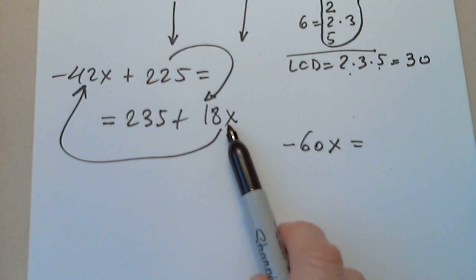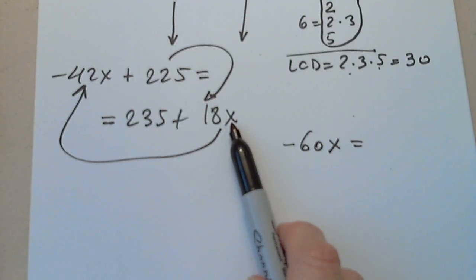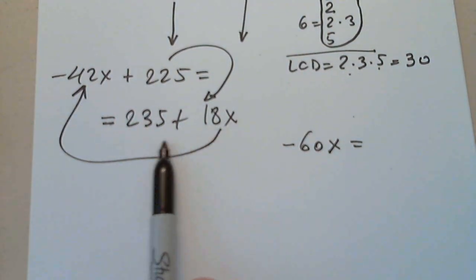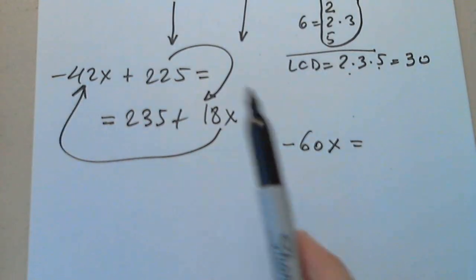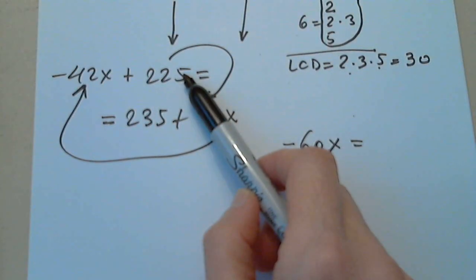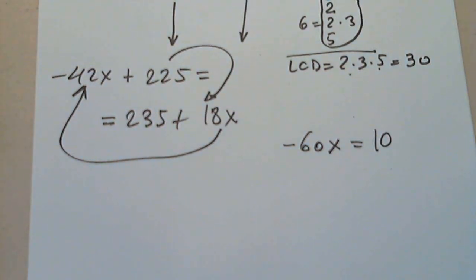It would be nice if I only give you 20 back, but I can't. I already have a debt of $42, and now I'm asking you, please give me 18 more. So of course now I fairly, honestly, I owe you 60. I don't owe you 20. Okay? So now 235 minus 225 is 10.